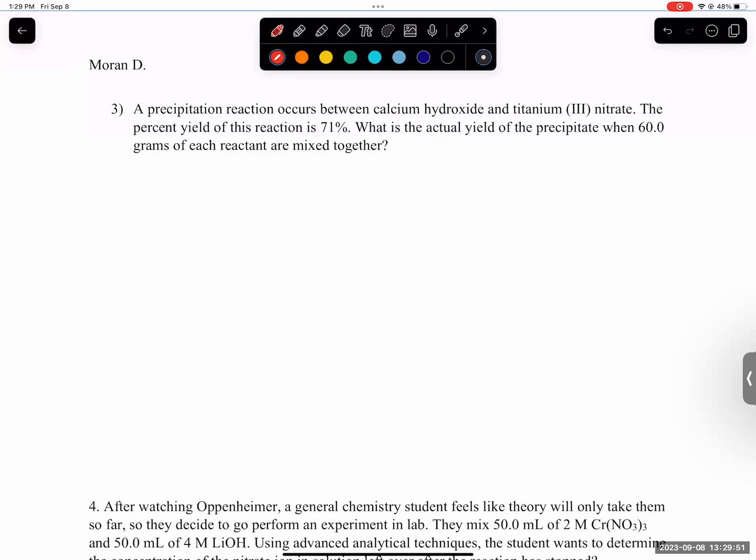All right, let's write this. What did you get down for your equation? Calcium hydroxide. Yes, they are both aqueous.